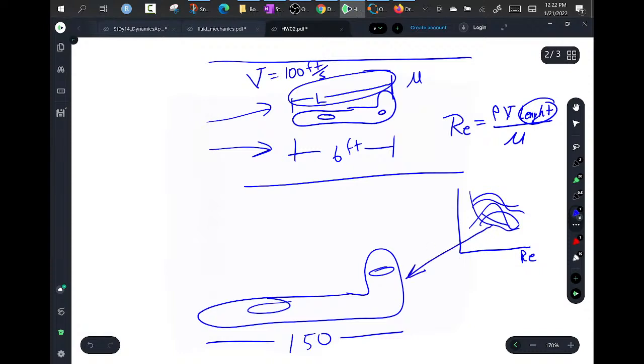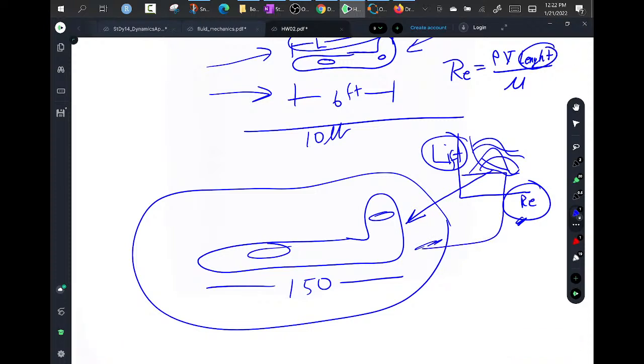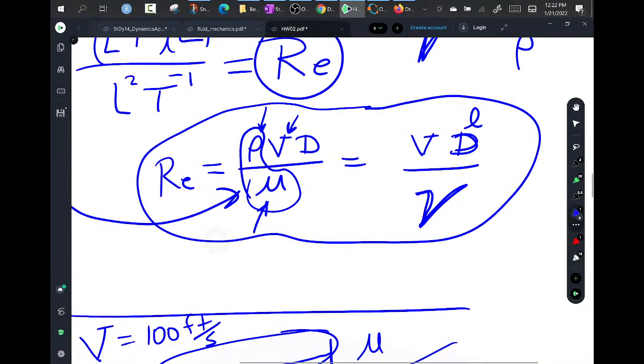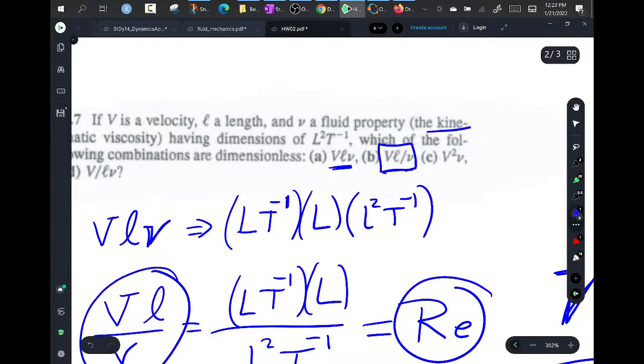So if I'm getting the lift or the drag out of this, and I get, say, 10 pounds, just making it up, and I want to find out the lift on the real aircraft, I scale the lift by the Reynolds number. I'll work my way through it, and I'll get the lift or the drag on the real aircraft. Why? Because I can scale it through the Reynolds number. This is the first appearance of the Reynolds number in this book, in the problem sets.